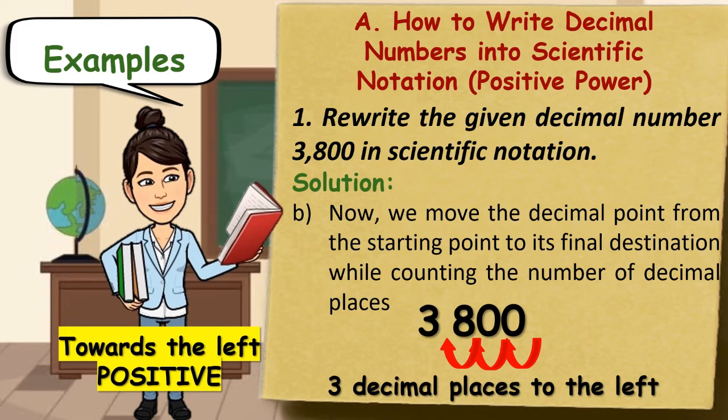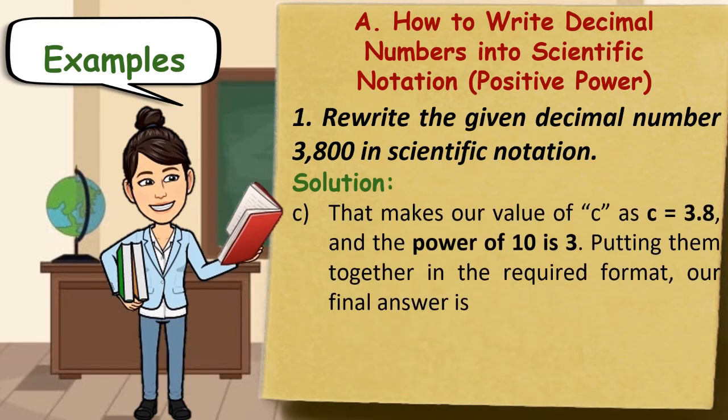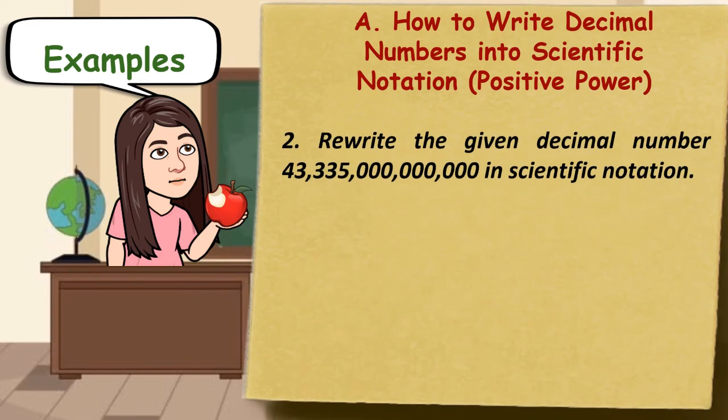That makes our value of C equal to 3.8 and the power of 10 is 3. Putting them together in the required format, our final answer is 3.8 times 10 raised to 3. Always remember to make sure that the C value always has the decimal point right after the first digit, which is the case here. Great! Example number 2.